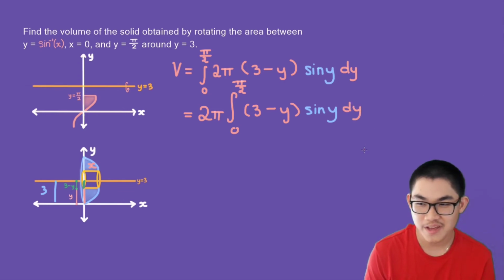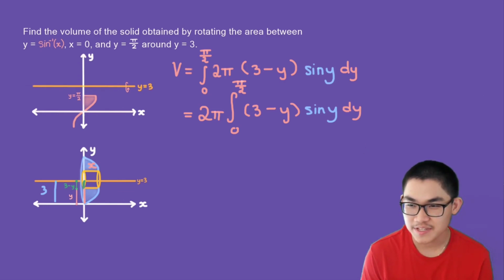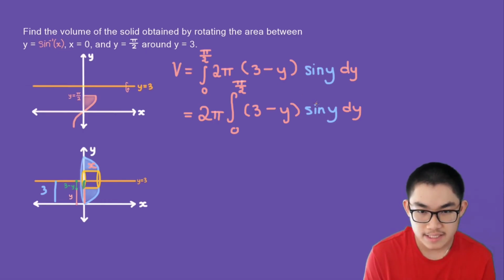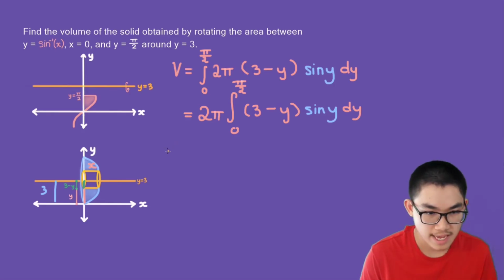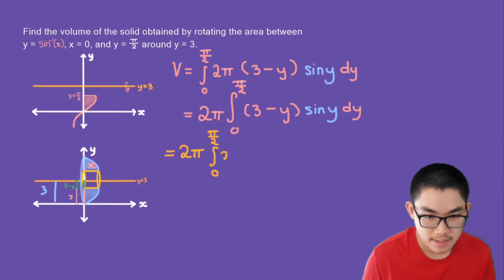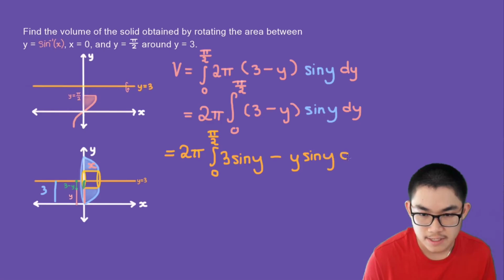So what should we do here? Well, it's pretty simple. We're going to take this, multiply by this, then take this, multiply by this. So we're going to get 2 times pi times the integral from 0 to pi over 2 of 3 times sine of y minus y times sine of y dy.